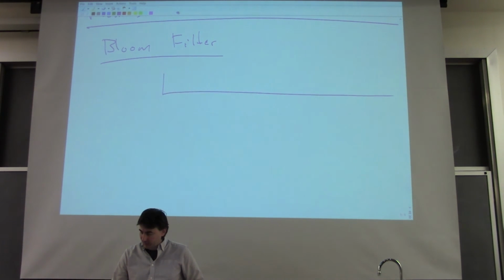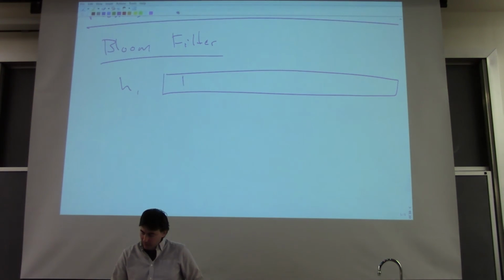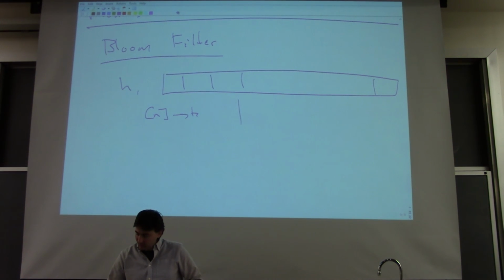So it'll keep a single row, a single hash function, each one, and this will go from set n to k. The difference is each of these items, so we'll say B1, B2, B3, up to BK. So each BI is going to be 0 or 1.